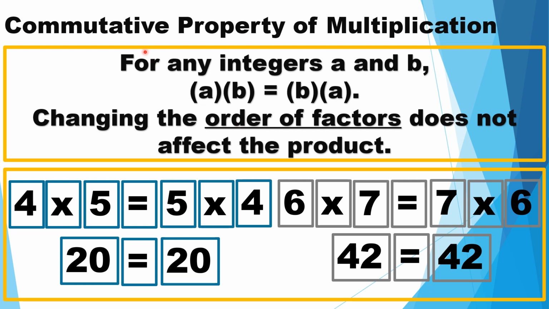So, commutative property of multiplication, changing the order of factors does not affect the product. Kahit na magkaiba yung position or yung ayos or yung order ng factors, yung answer or yung product is the same.